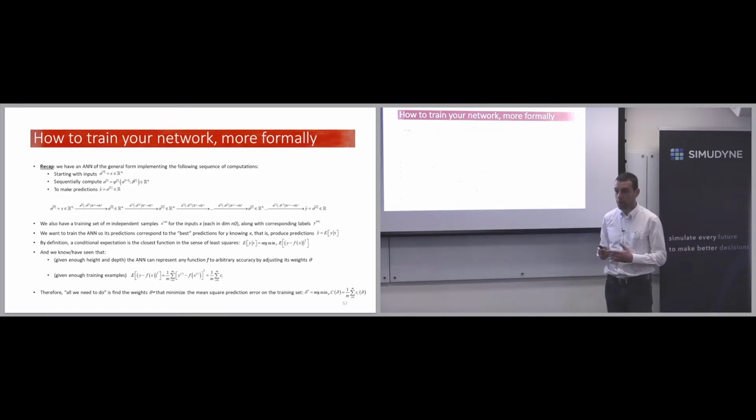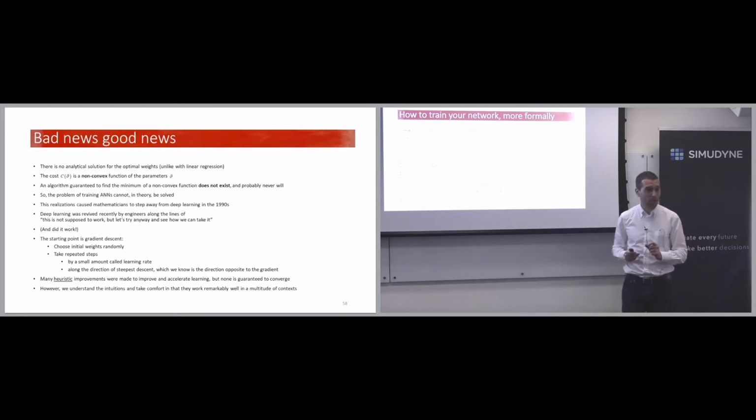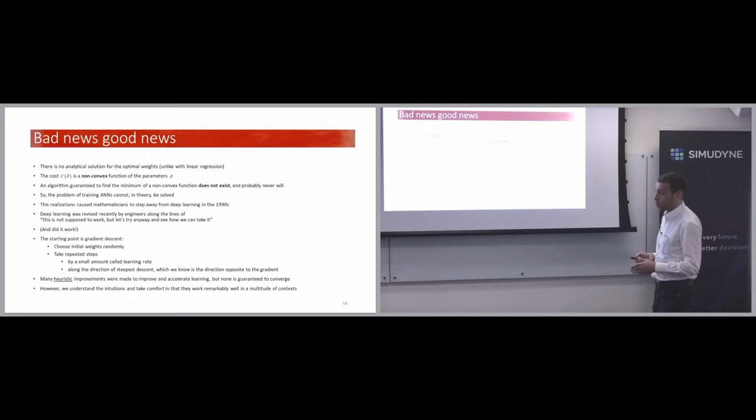That's really good news. What is not guaranteed is that your algorithm will find this optimal configuration, right? And actually, first of all, evidently there is no analytical solution for the optimal weights, unlike with something very simple like linear regression.